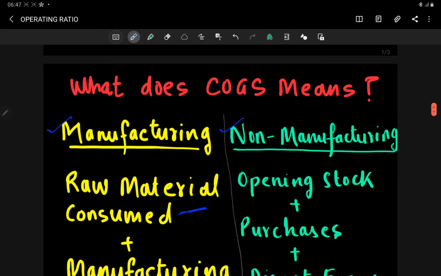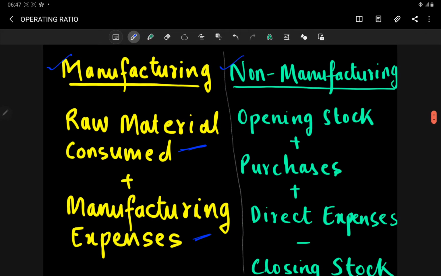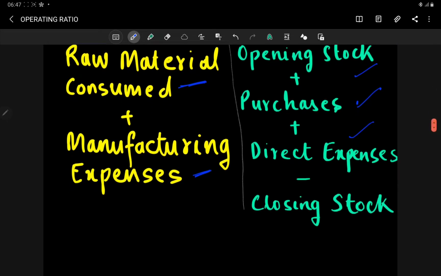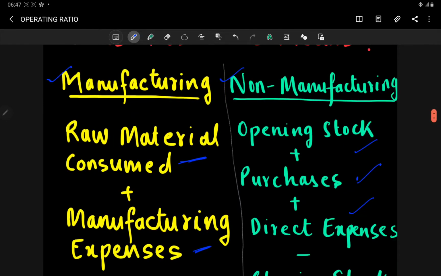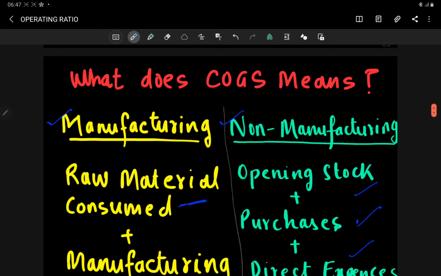But for a non-manufacturing firm, it would mean opening stock plus purchases plus direct expenses minus closing stock. I request you to note this down somewhere for your reference.